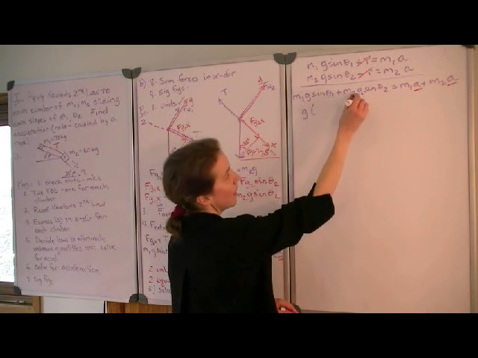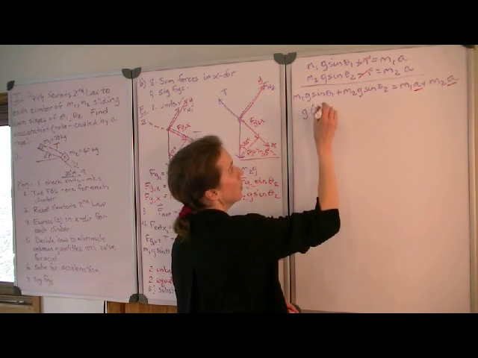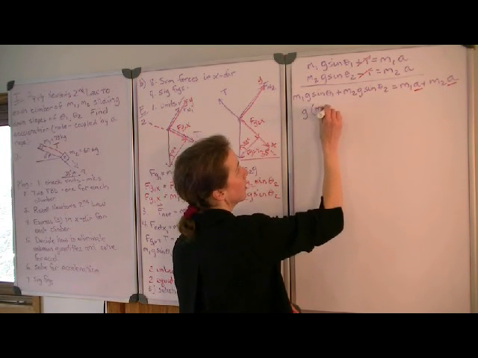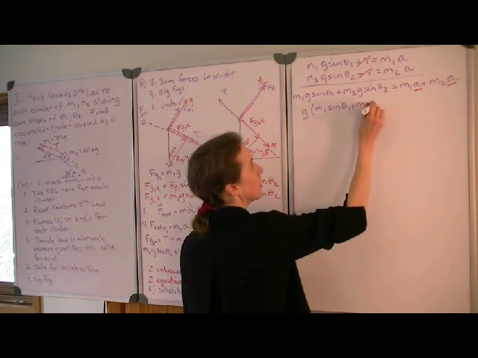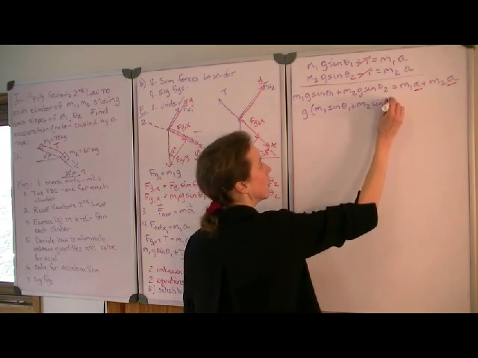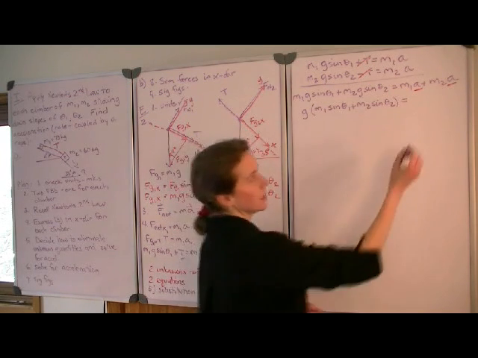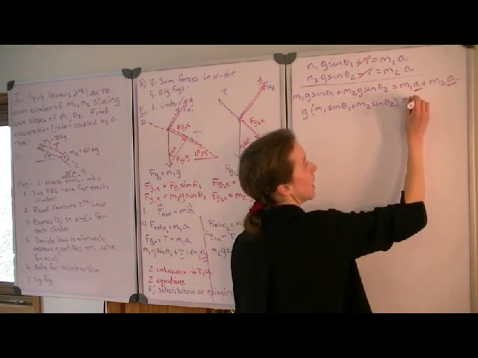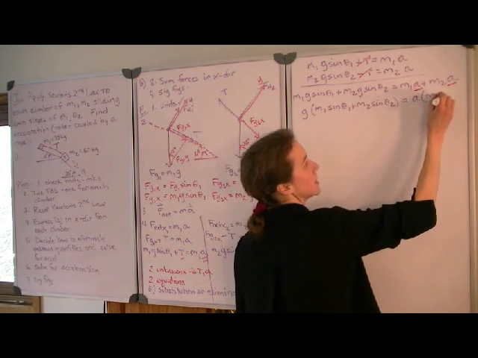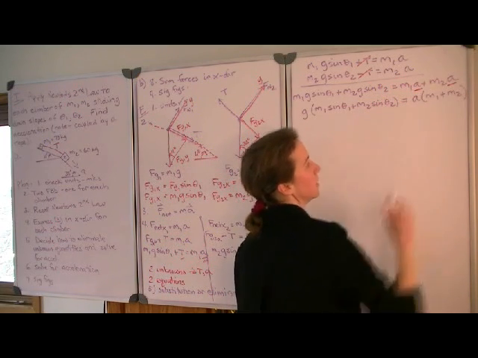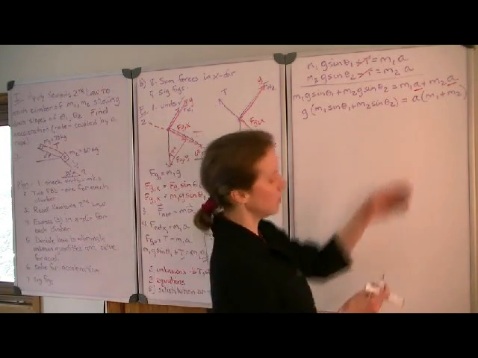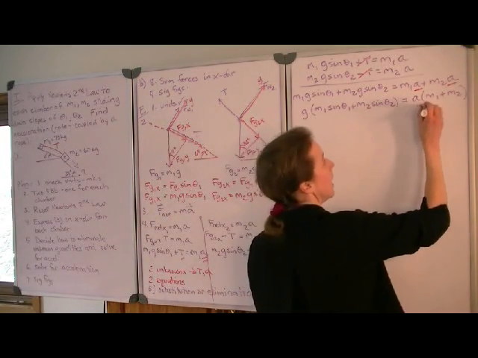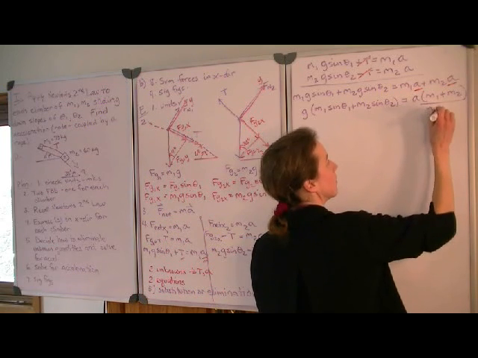So we can factor out gravitational acceleration from the left-hand side. And we can factor out acceleration on the right-hand side, and then it's left as a multiplication of the sum of the masses of the climbers. Now to isolate a, we will divide both sides by the sum of the masses.